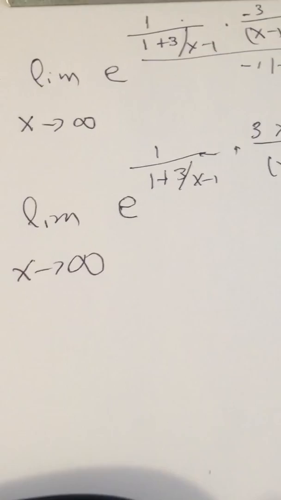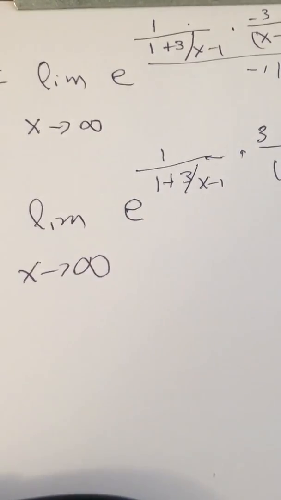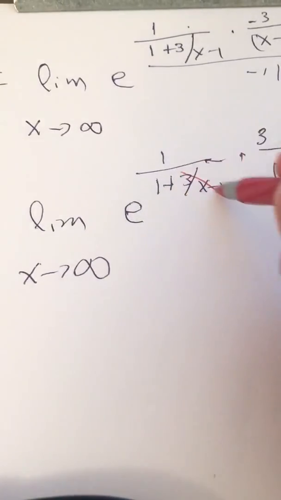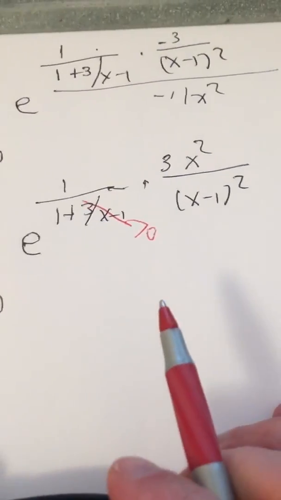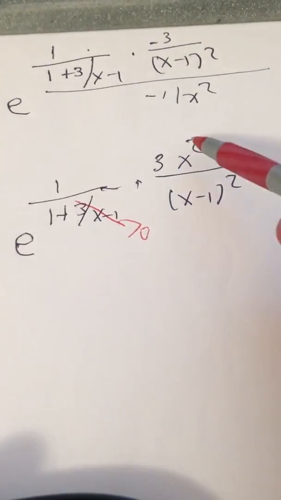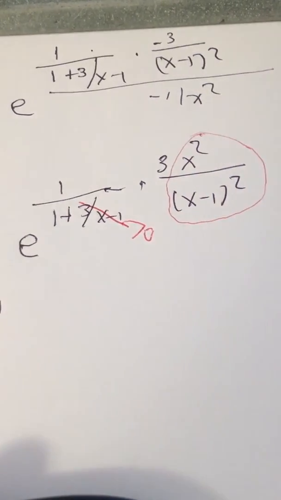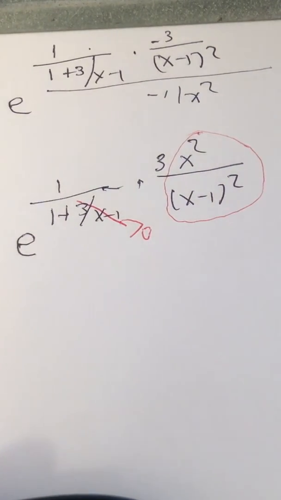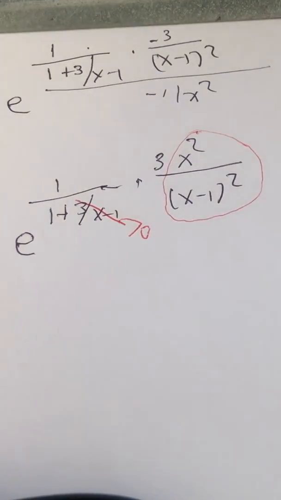So we're going to keep in mind x is going to infinity, right? So 3 over x minus 1, that's going to go to 0, isn't it? And then this limit right here, what we have is a rational function where the degrees of the numerator and the denominator are the same, and both leading coefficients are equal to 1.